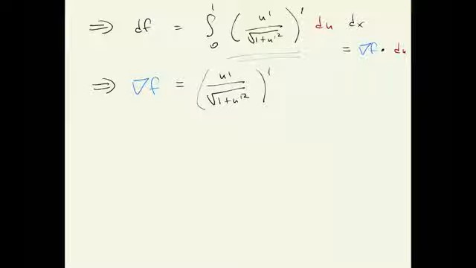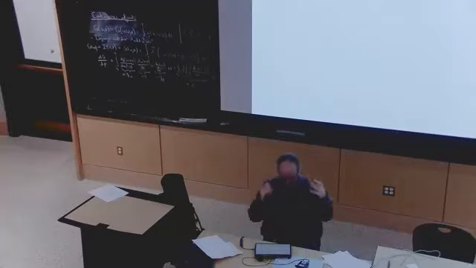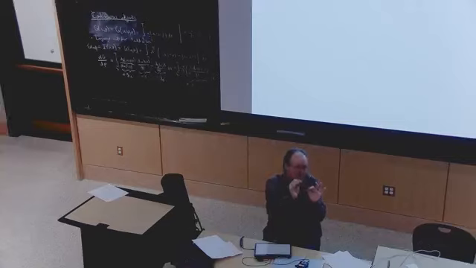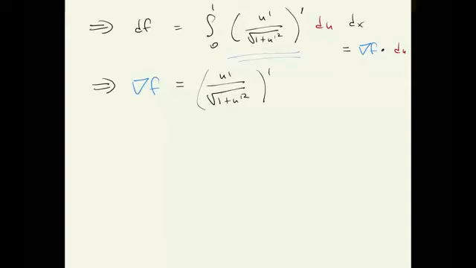And if you're at a minimum, for the same reason as in 1801 and 1802 and so forth, the gradient has to be 0. Because if it's not 0, you could move in that direction and make it bigger, or move in the opposite direction and make it smaller. So this has to equal 0 at a minimum.